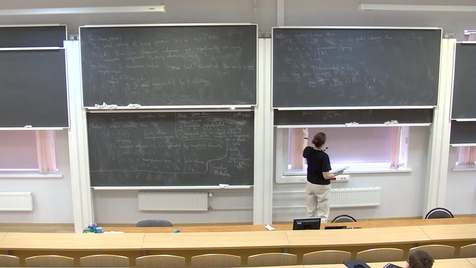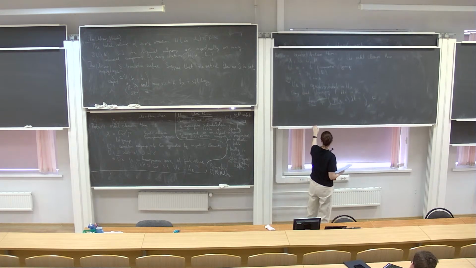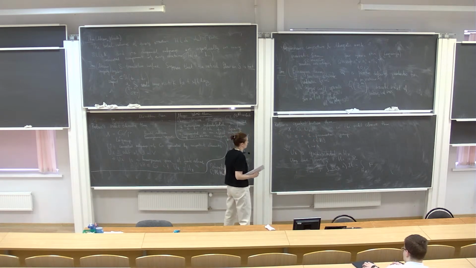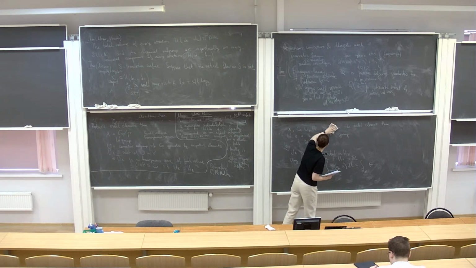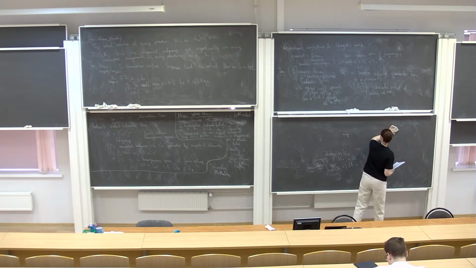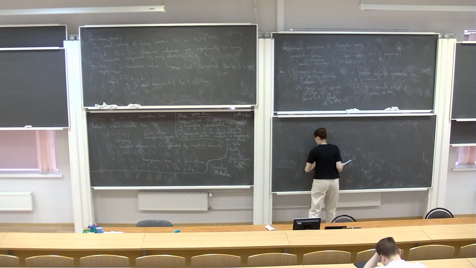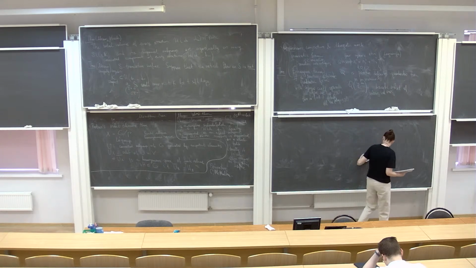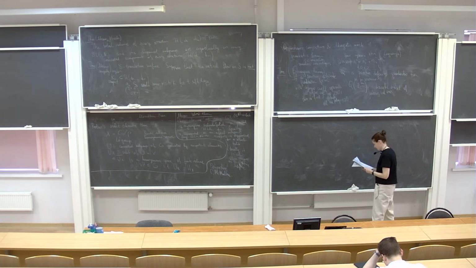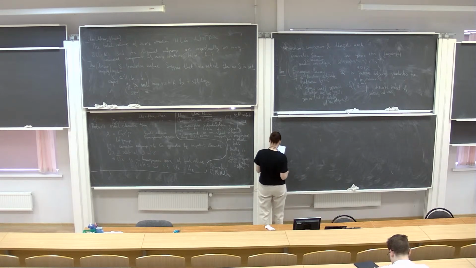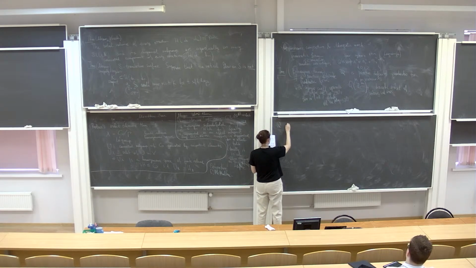Because a number of things may happen. Let's see what exactly. For example, one option is the following: let's say that Q is now indefinite.